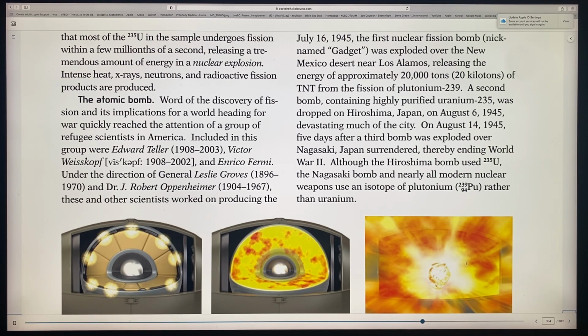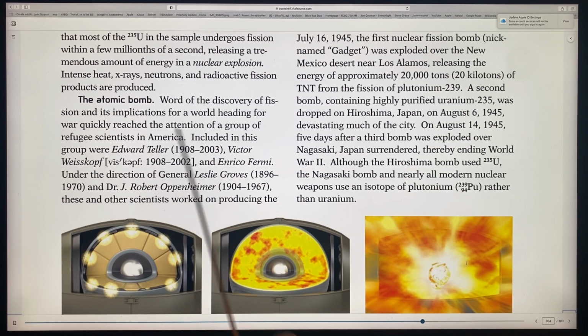Dr. J. Robert Oppenheimer lived 1904 to 1967. We even have movies on him, as he's credited for that, although a lot of talented scientists, and among them Jewish refugees. We see Oppenheimer also was friends with Albert Einstein.